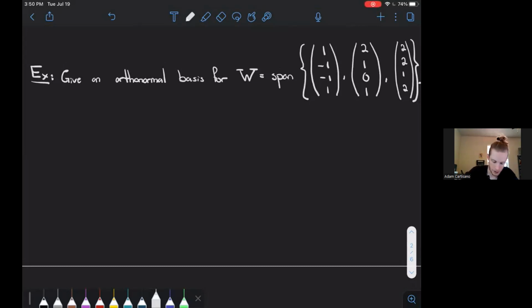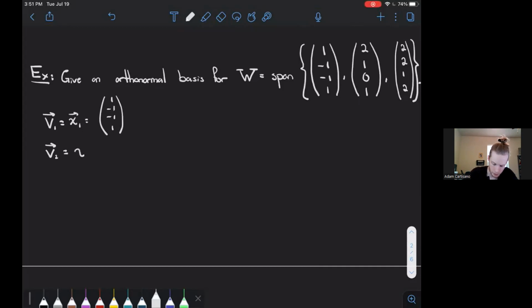All right, v1 equals x1 equals (1, -1, -1, 1). Starting off strong. v2. V2 is not as bad. This is like the same caliber as what we did before.